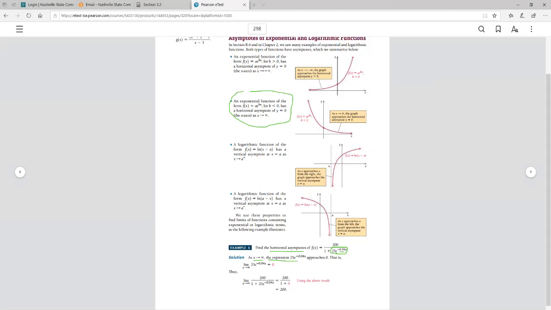So that means that the limit, as x approaches infinity, zeroes out this more complex term in the denominator. And since that zeroes out, what does that leave us? Well, that leaves us 200 divided by 1, which is 200.